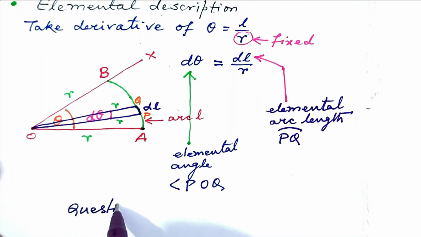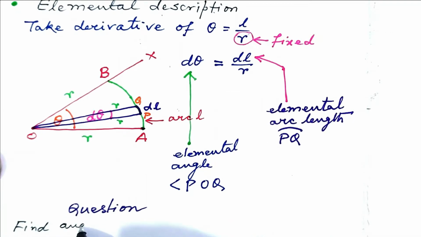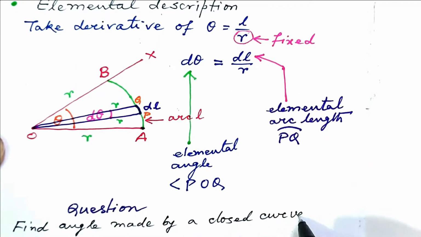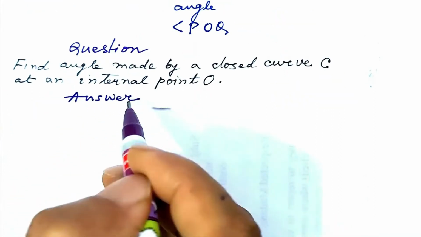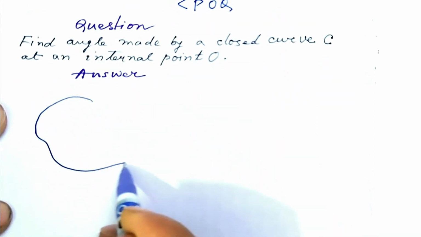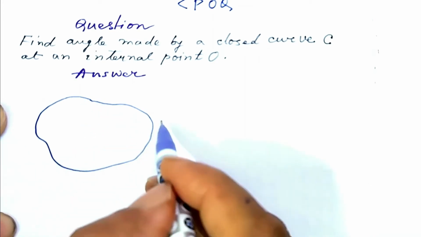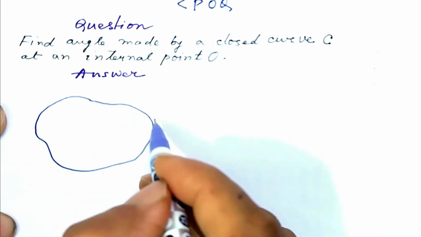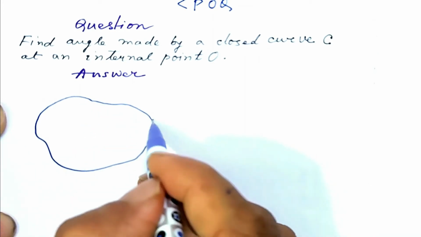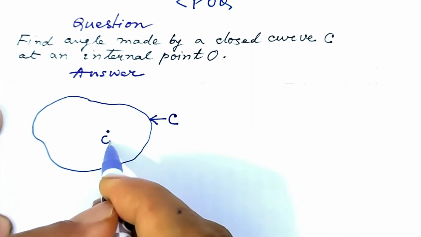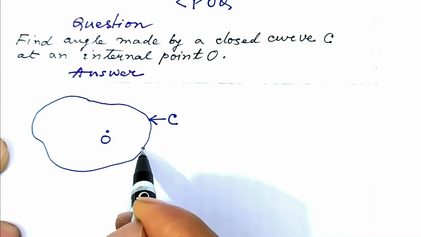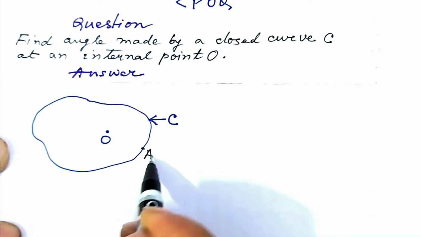We now address a question. Find the angle made by a closed curve C at an internal point O. The answer: let this be the closed curve of any shape, arbitrary in shape, lying on a plane, and we call it C. Consider an internal point, say O. Take any point on the contour, say A. Join OA.